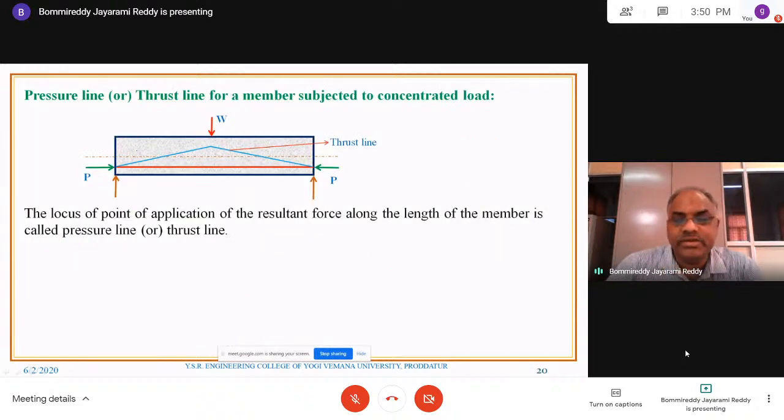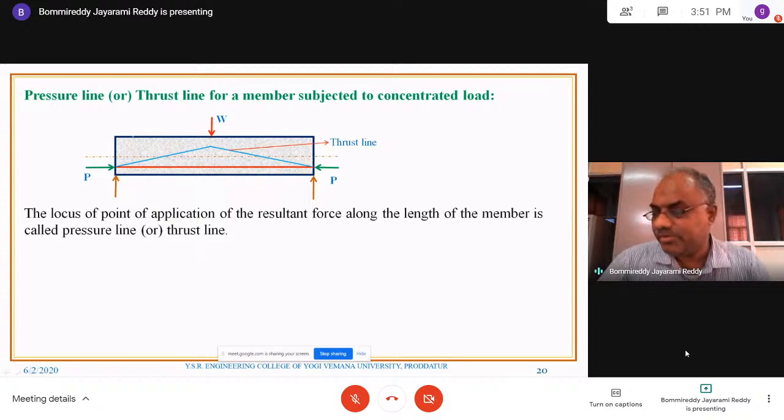And this is another one. Pressure or thrust line diagram when a member is subjected to a concentrated load. If a concentrated load is applied and the cable is as usual at the bottom, a compressive force is applied at the bottom at the point of contact with the cable, and the thrust diagram is a triangle.